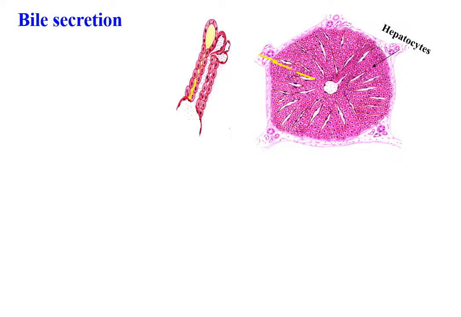Bile secretion or drainage. Bile is secreted into the bile canaliculi found between rows of hepatocytes. Bile canaliculi have no special lining epithelium, but only the adjacent plasma lemma of the two neighboring hepatocytes.